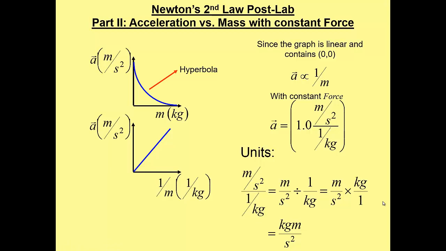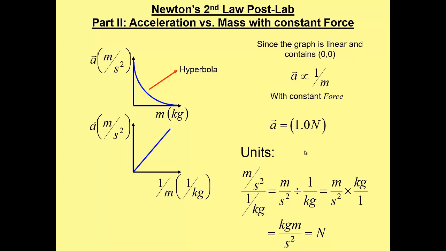Well, in our definition of a Newton lab, we found that that's, in fact, the definition of a Newton. So this whole big mess of units reduces down to a Newton, a unit of force. So perhaps this has something to do with the force acting on our system. We shall see as we work.